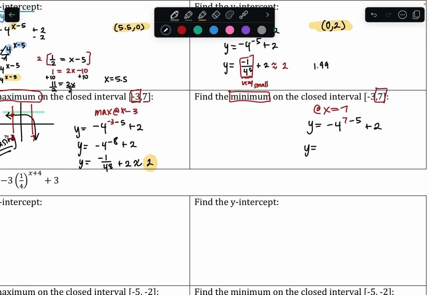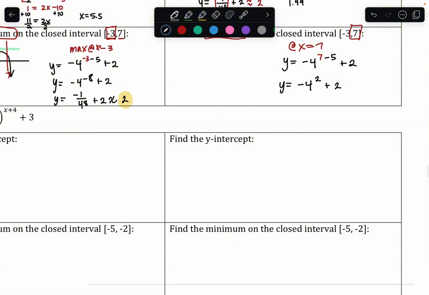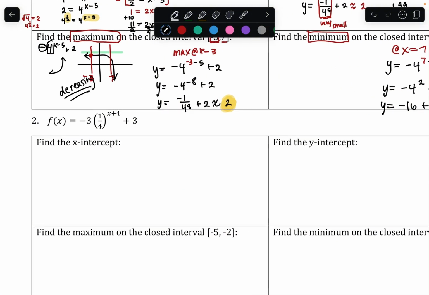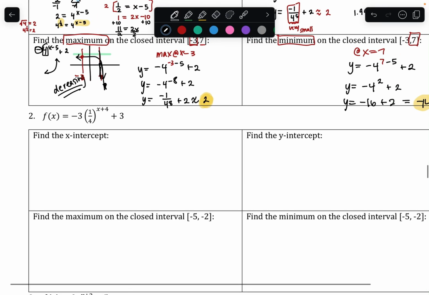Okay, and so that gives me negative 4 to the 2nd power plus 2, which gives me negative 16 plus 2. That negative doesn't get squared, which is negative 14. And so our minimum value is negative 14, which of course is a lot lower than 2. And looking at this picture, that makes sense. If we were to plug in a higher number, it would be decreasing down to the negatives.